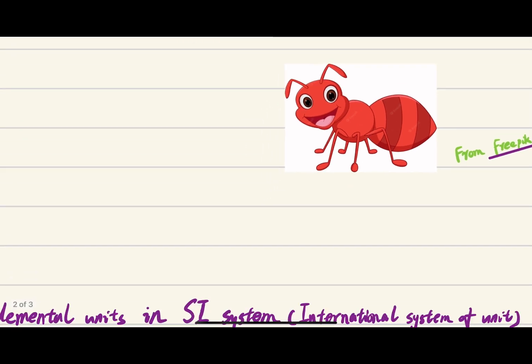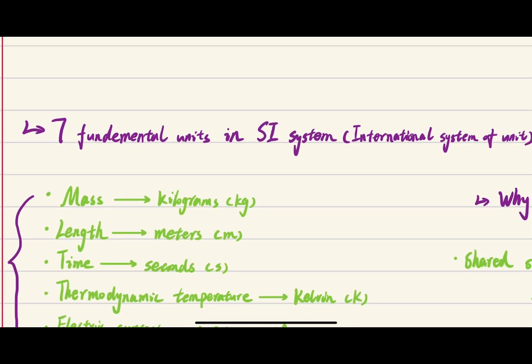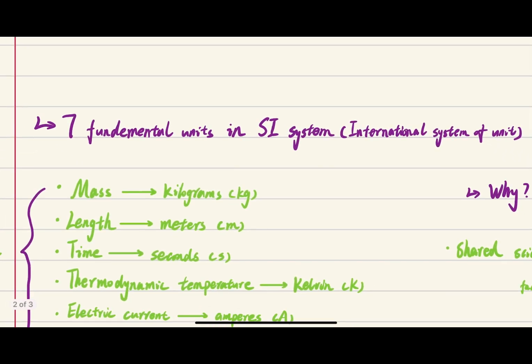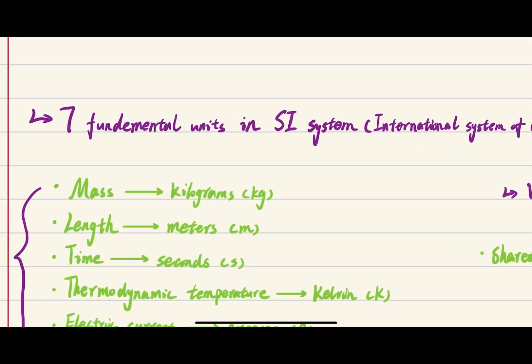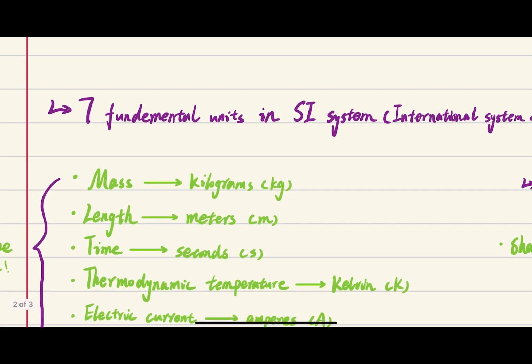And yes, there is one that we all share. It's called the International System of Units, abbreviated as the SI. There are seven fundamental units that we have to know.